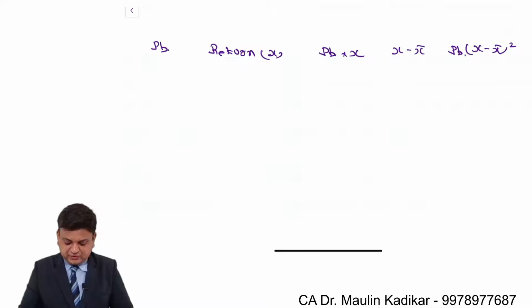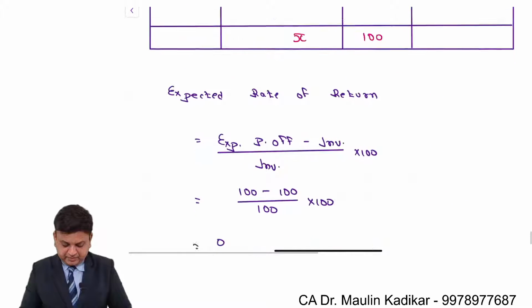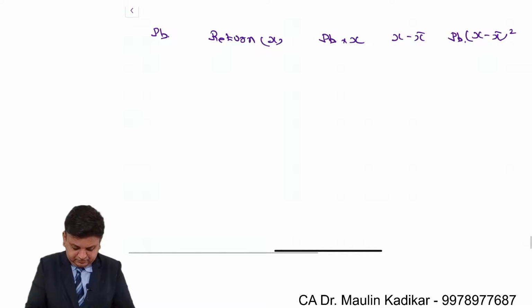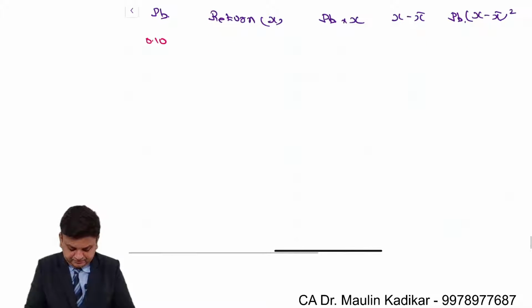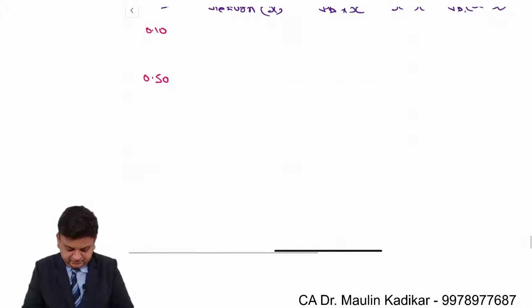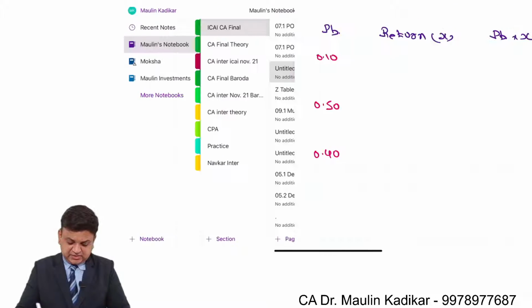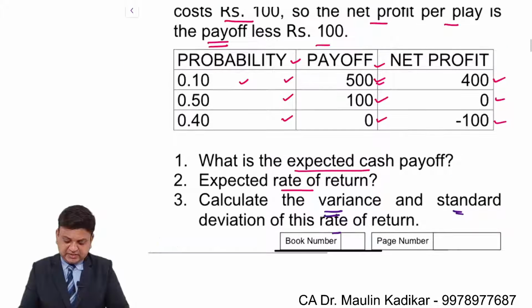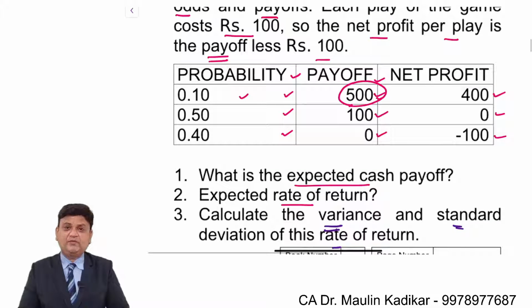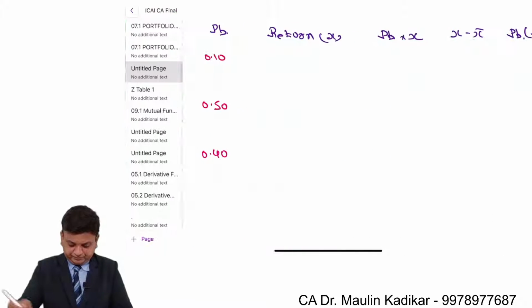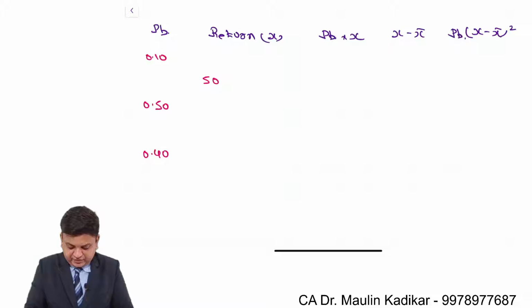That is the way we are supposed to find it. Probabilities are 0.1, 0.5 and 0.4. As far as the return is concerned, you get 500 on investment of 100. So the return that you are able to get is 400. So 500 minus 100, you get 400.